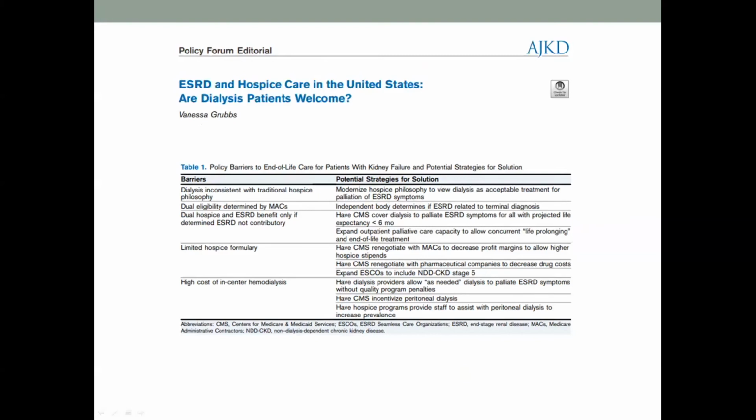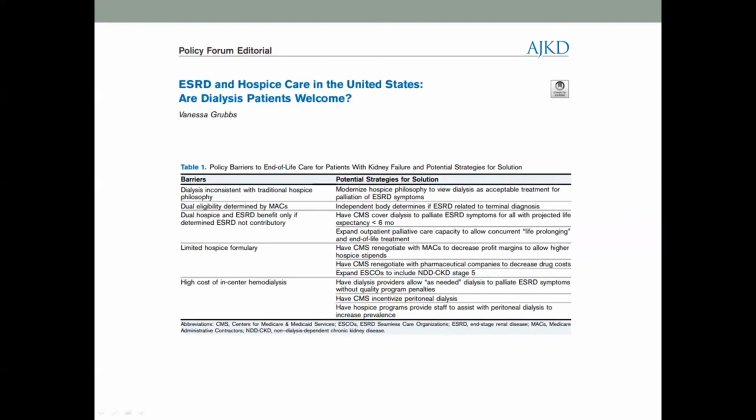So even if patients are potentially eligible for both hospice and dialysis, and hospice organizations can be reimbursed, they are reimbursed after the fact, after they've provided these services.